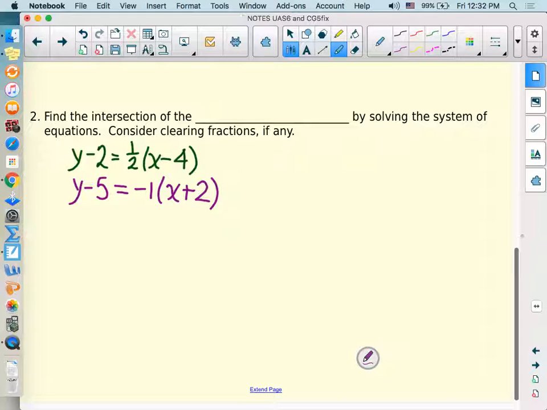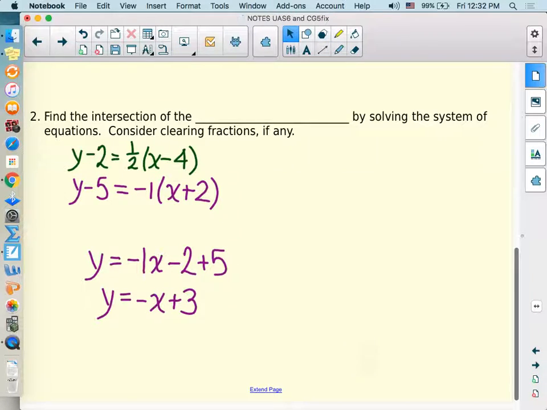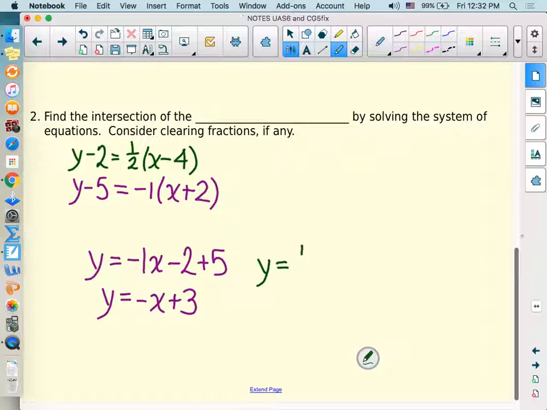So I'm going to take my blue equation, I'm going to distribute the -1, and I'm going to move the 5 over and add the 5 so that I have an equation in slope-intercept form. And I'm going to choose the method then that makes the most sense for the system that I see. I'm going to do the same for my green equation. I'm going to distribute that and move that over.